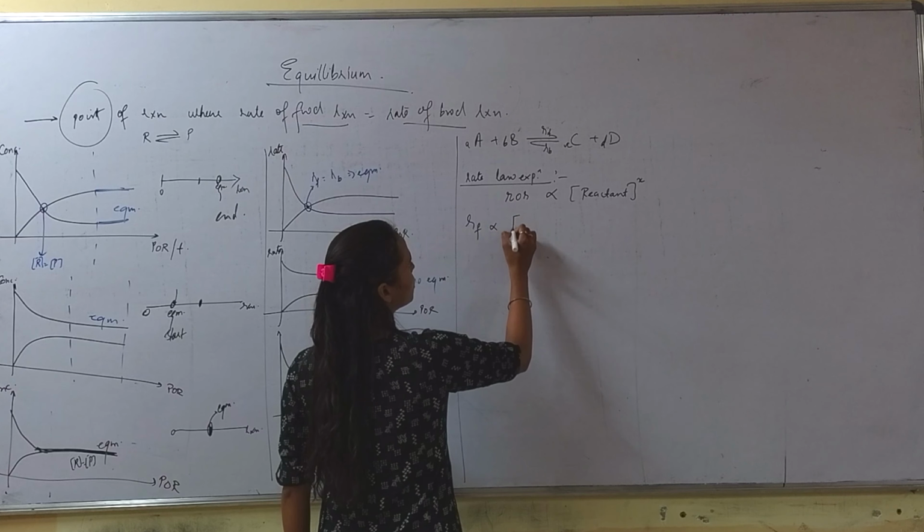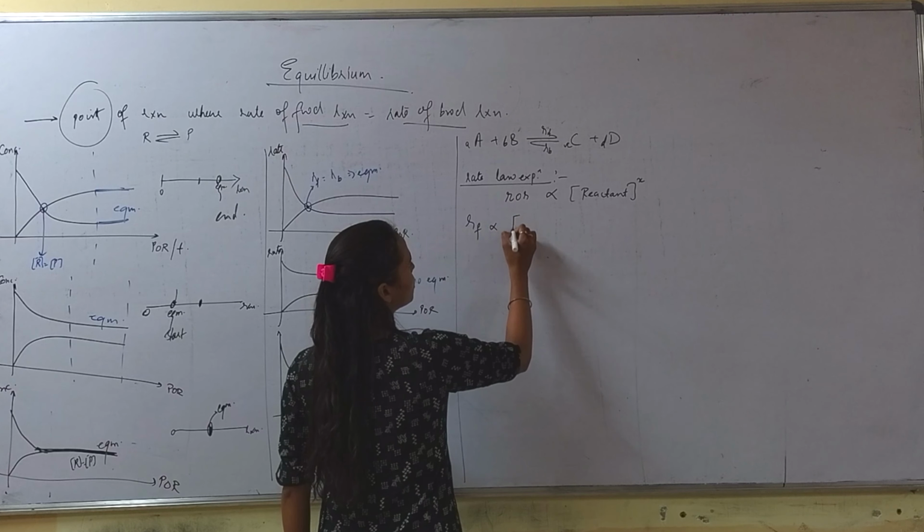Right? For equilibrium to happen, the rate of forward should be equal to the rate of backward. Rate of forward equal to rate of backward, that means Kf[A][B] will be equal to Kb[C][D]. Like this. Okay? So rearranging, Kf upon Kb will be equal to [C][D] upon [A][B].